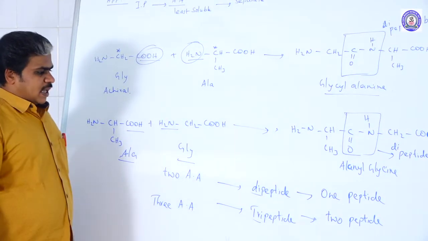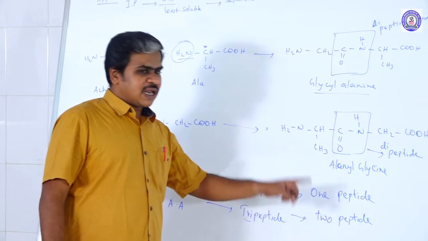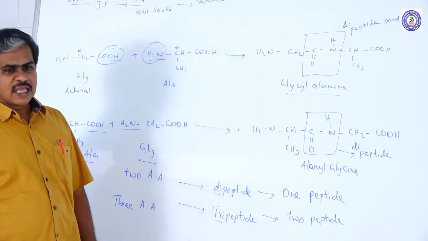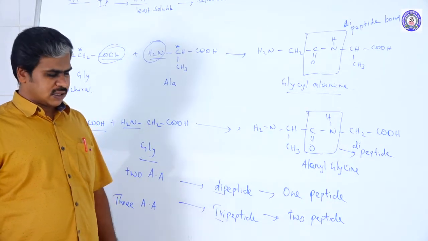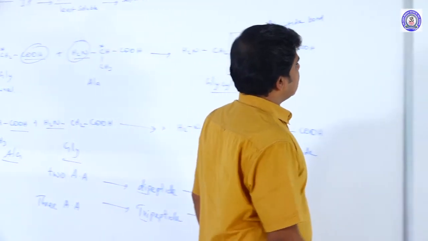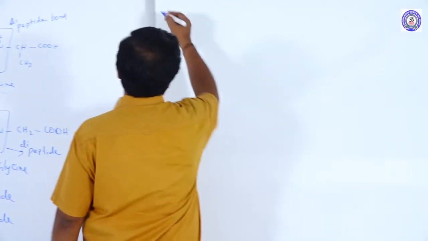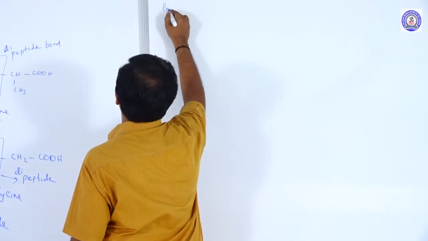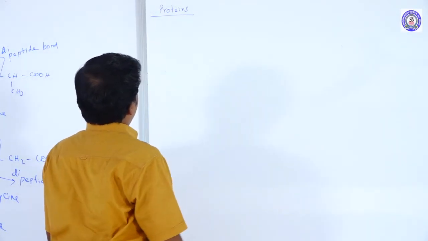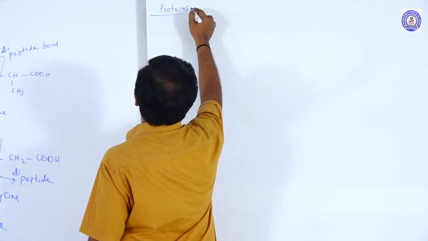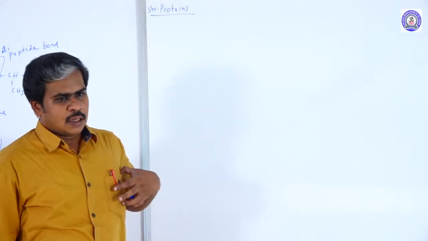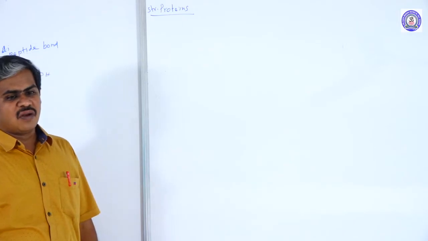For any peptide, n-1 peptide bonds are possible. Okay, and the next one. The next one, we take proteins, and here it is structures of proteins. The structure of protein is studied in 4 levels.